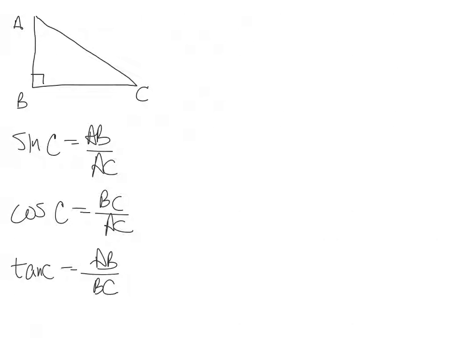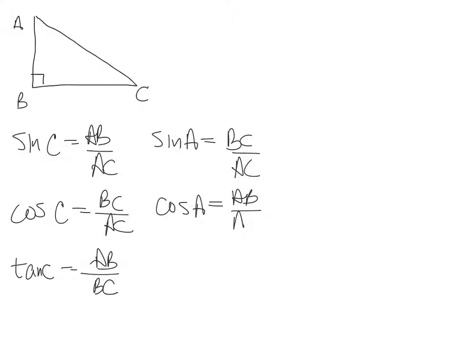How about angle A? Sine A equals opposite over hypotenuse. Cosine A equals adjacent over hypotenuse. And tangent A is opposite over adjacent.